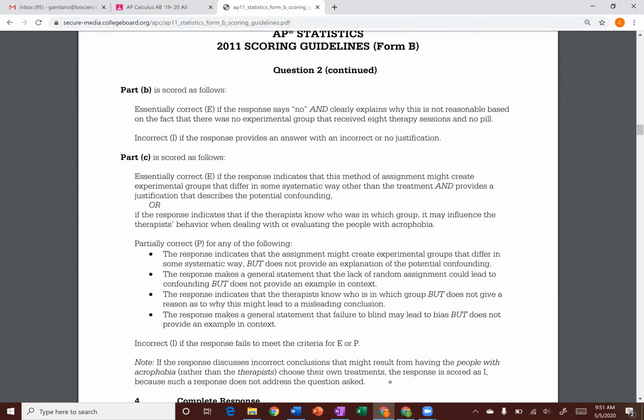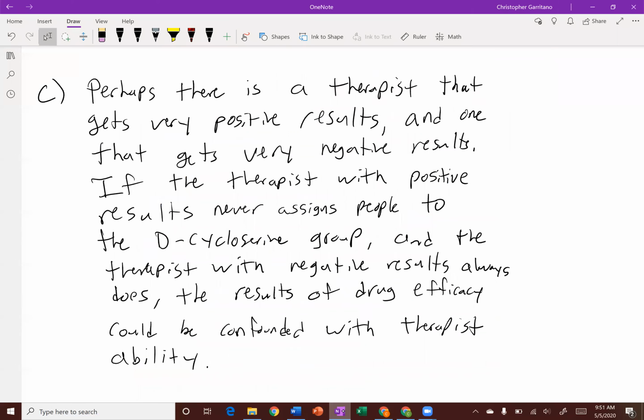So I think I have a method of assignment that might create experimental groups that differ. And the confounding variable is pretty clearly stated that it could be the therapist ability that is leading to certain results. So I think based on that scoring guideline, what I wrote here does in fact get an essentially correct.